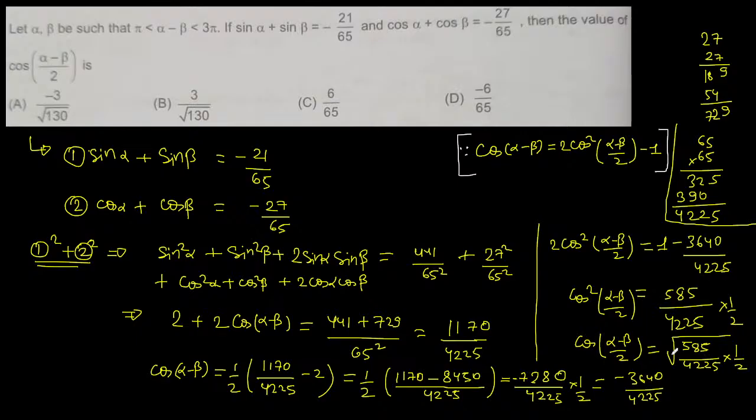So if we try to find, 65 will come out, and 9 will come out with 3. It is root 13, root 2, 13, root 5.